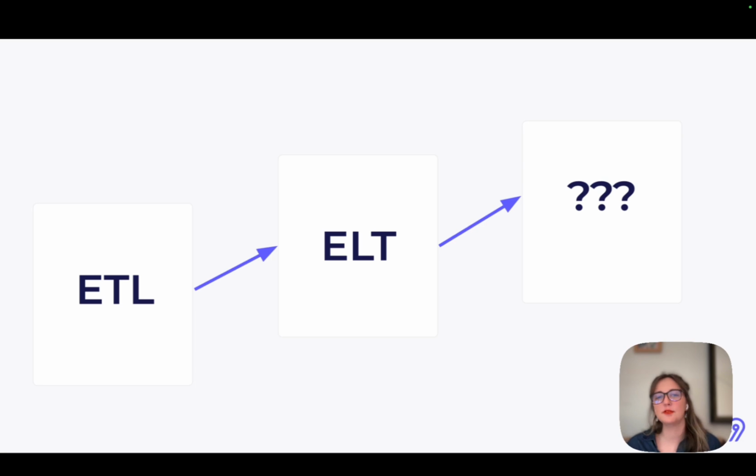Could be a database, could be a data lake, a data warehouse, etc. And then you would run some type of DBT or SQL on that destination in order to apply your business logic. And what we're seeing now is that there's this need for a sort of data refinement step that happens before loading that raw data. And we're seeing this in particular with AI related use cases. And it is actually related a lot of the time to compliance and security.